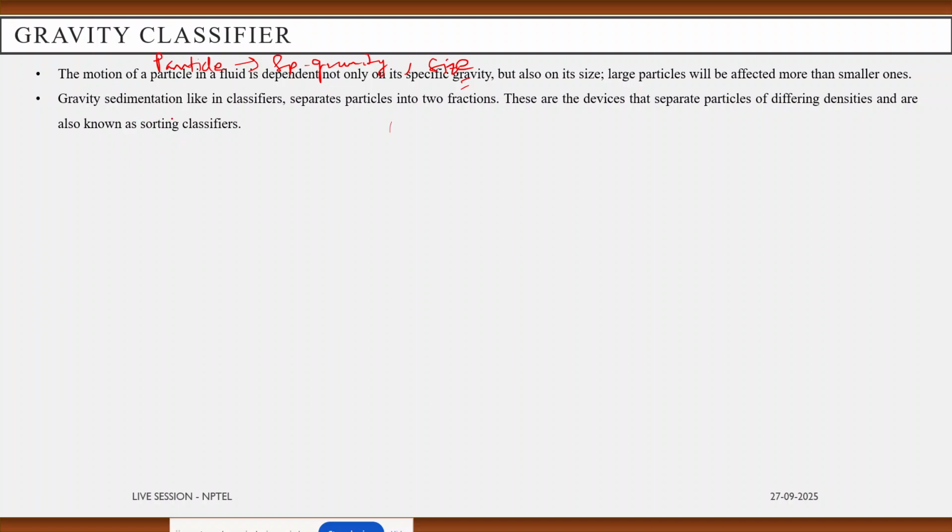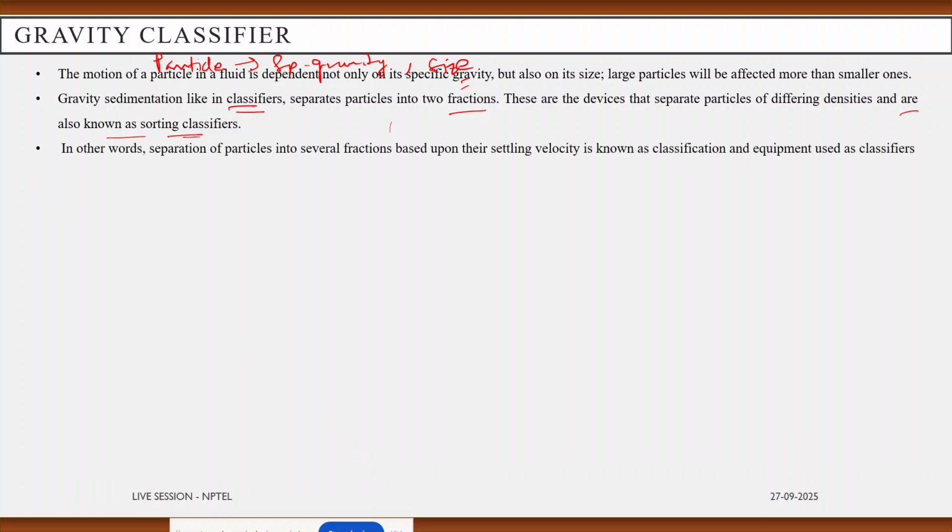Now, gravity sedimentation, like in classifiers, what happens? It separates the particles into two fractions. These are the devices where particles of different densities or specific gravities are treated and sorted into different fractions. That's why it is known as sorting classifiers.